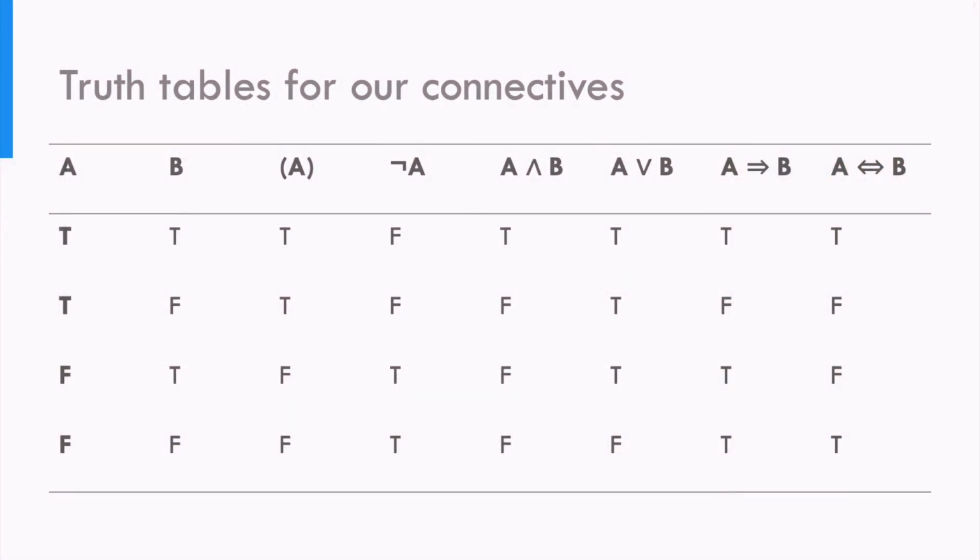Here, I give the truth tables of all our connectives. You can see on the first two columns that we are giving all possible truth values for the variables A and B. Remark that some interpretations are peculiar and do not correspond to the usual interpretation of the words in a natural language.